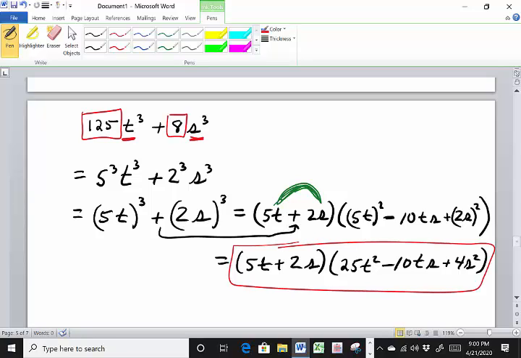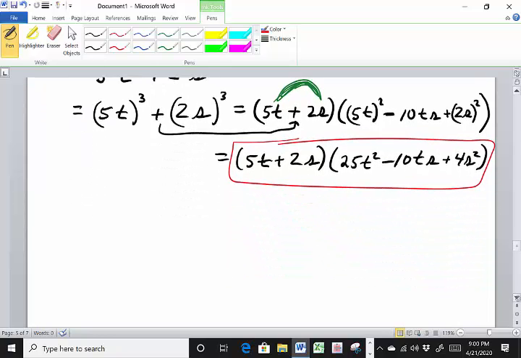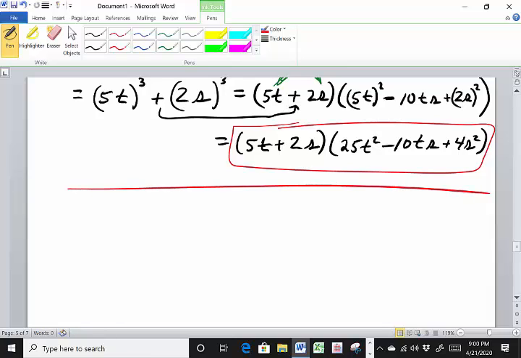Okay, one more. Let's try x to the 9th minus y to the 9th. Well, these are definitely going to be the difference of cubes, but you might not see it. This one's a little tricky.